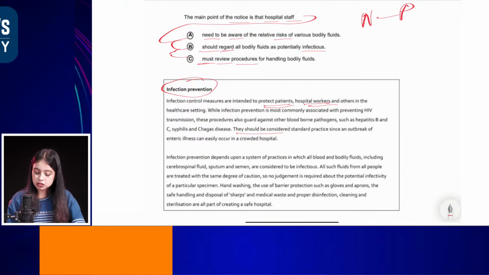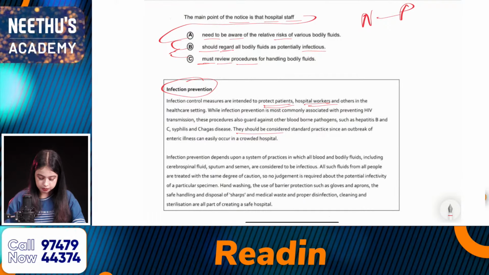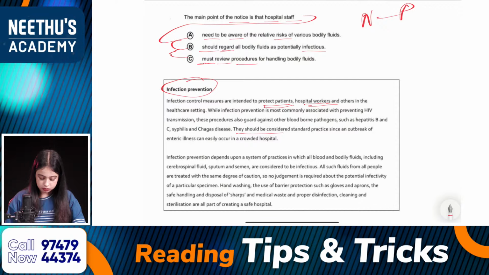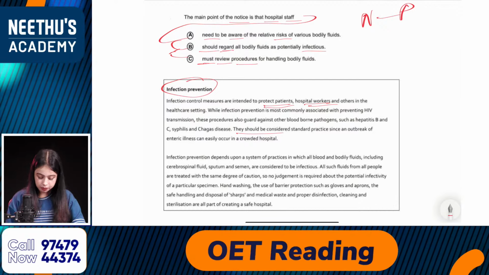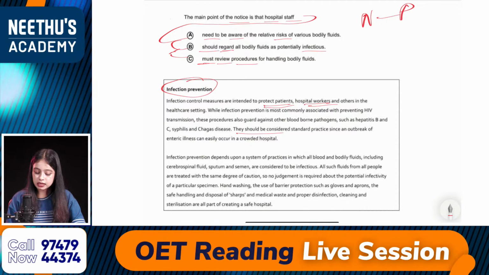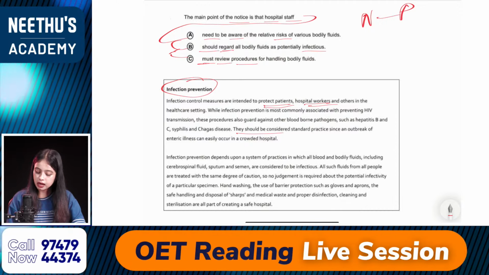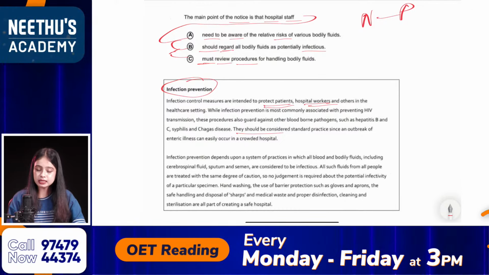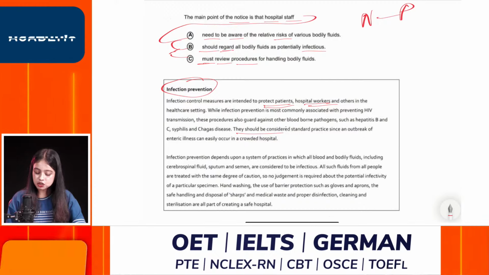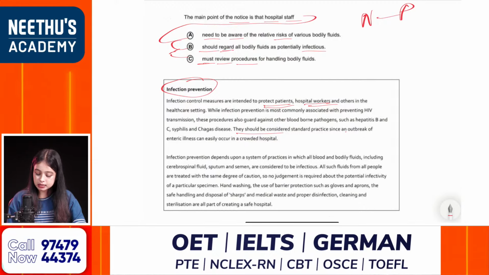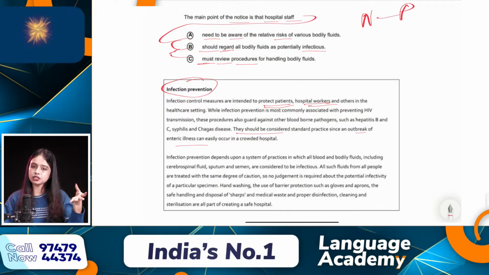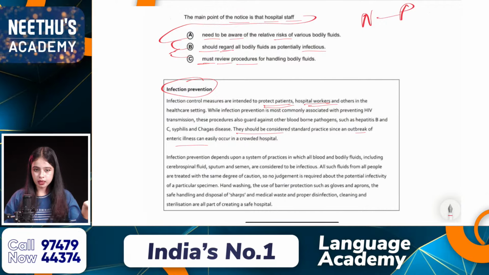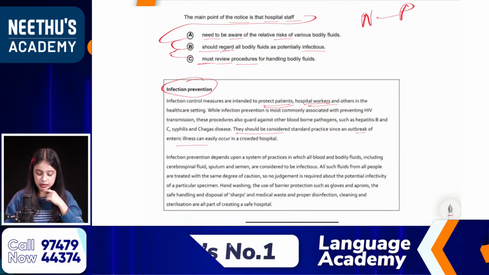While infection prevention is most commonly associated with preventing HIV transmission, these procedures also guard against other bloodborne pathogens such as hepatitis B and C, syphilis and Chagas disease. They should be considered standard practice since an outbreak of endemic illness can easily occur in crowded hospitals. So these are the conditions that may occur. We should be very careful.